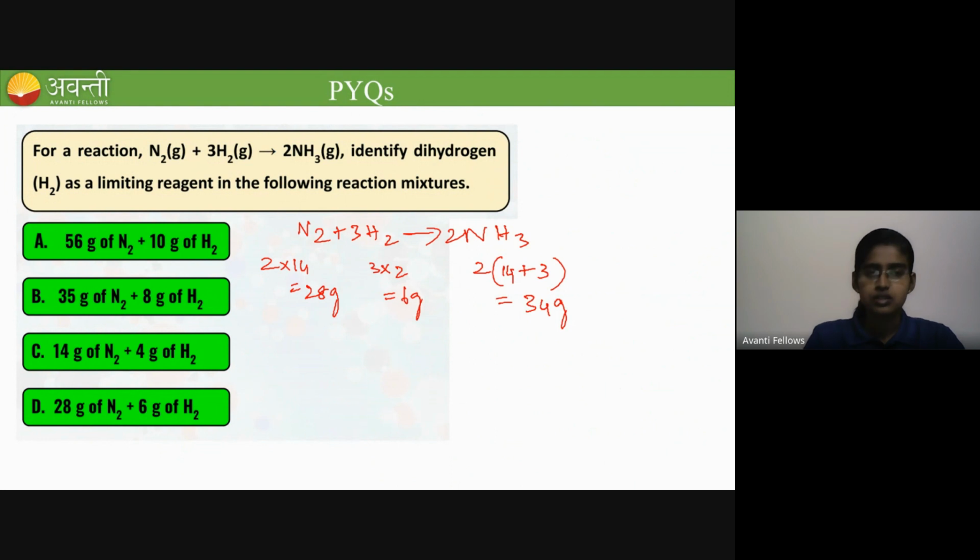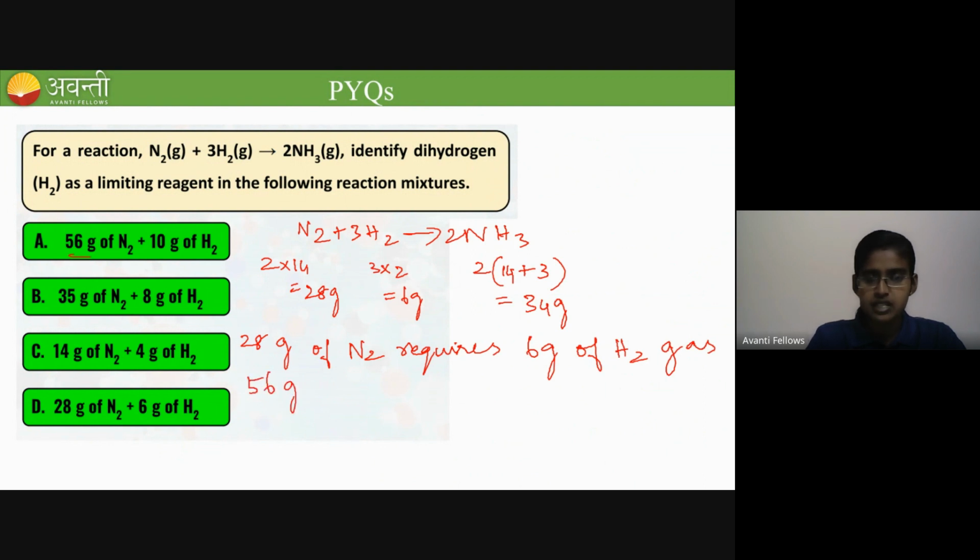Okay. So 28 gram of nitrogen requires 6 gram of hydrogen gas. But in option A, if you see, 56 gram of nitrogen requires 6 into 56 divided by 28.